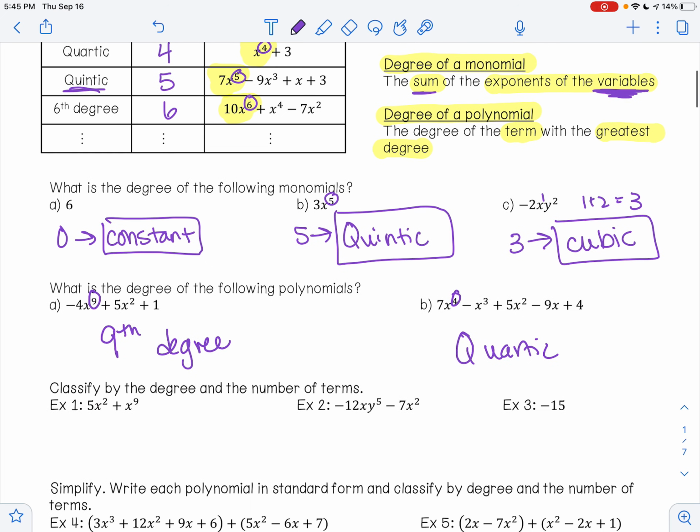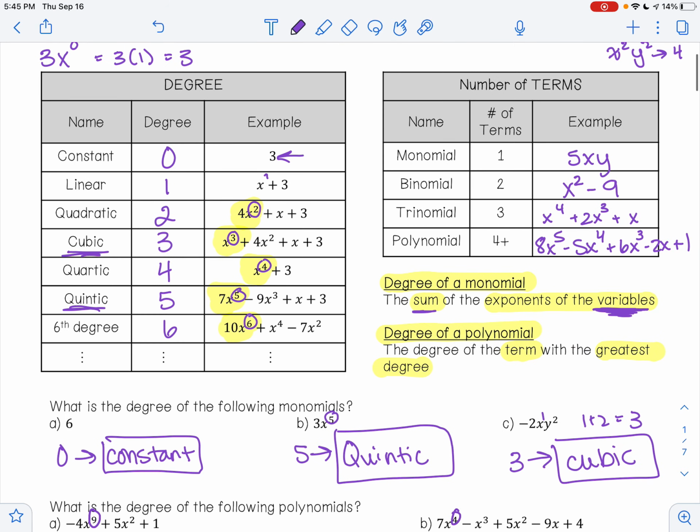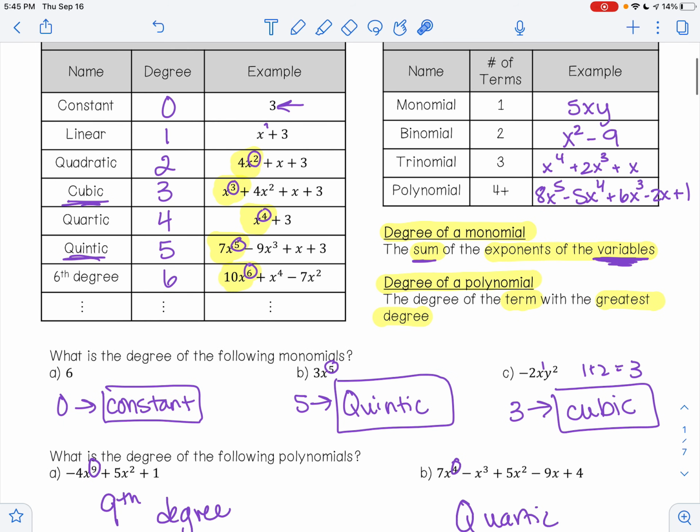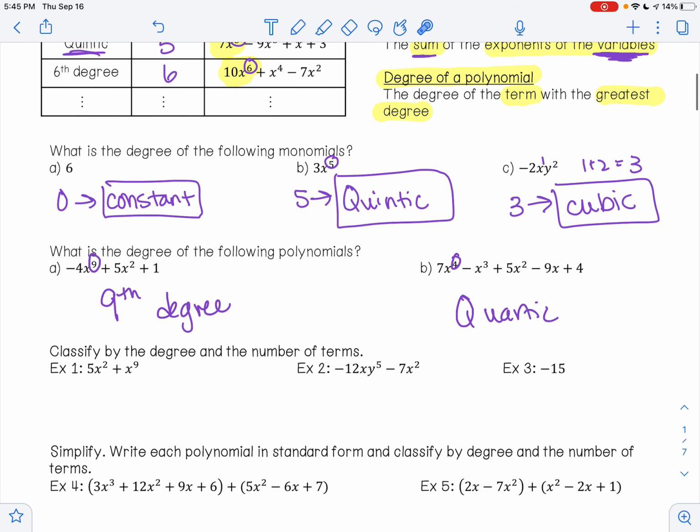It says classify by the degree and the number of terms. So we're going to be classifying by the degree and by how many terms they have. So in example 1, I have 5x squared plus x to the 9th power. Here, my highest exponent is 9.